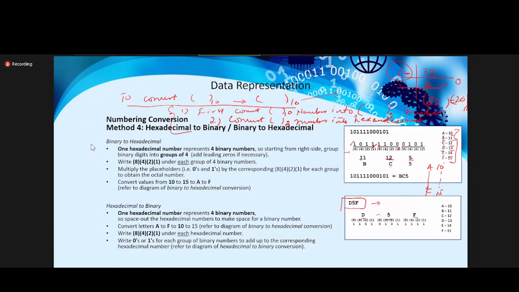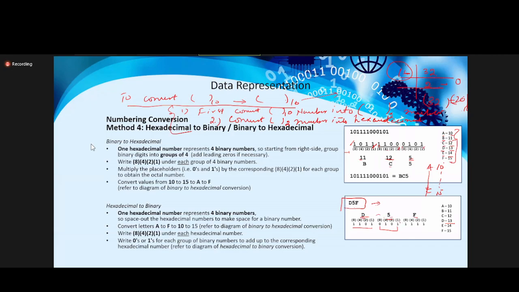So what is the binary code for D? D is 13. So what is the binary code for 13? Check your table. You will see that it is 1101. So what is the binary code for 5? Check the table which you wrote in the earlier class: 0101.